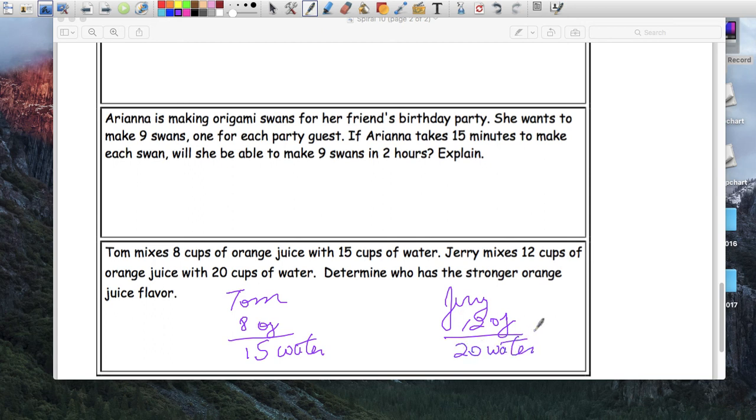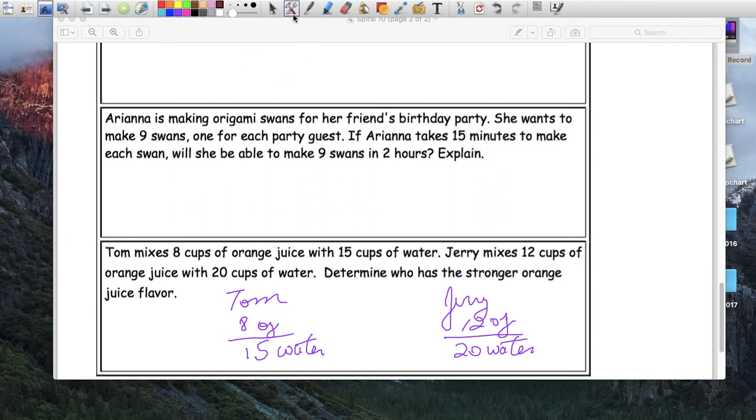Well, this is like that blinking eye thing we did in class, the jumping jacks. We can't really compare who has a stronger flavor because we have different amounts of both OJ and water. So we need to find something common, either the same number of cups of water, or the same number of cups of OJ. So you figure it out. Because water is already the denominator, let's just stick to water.